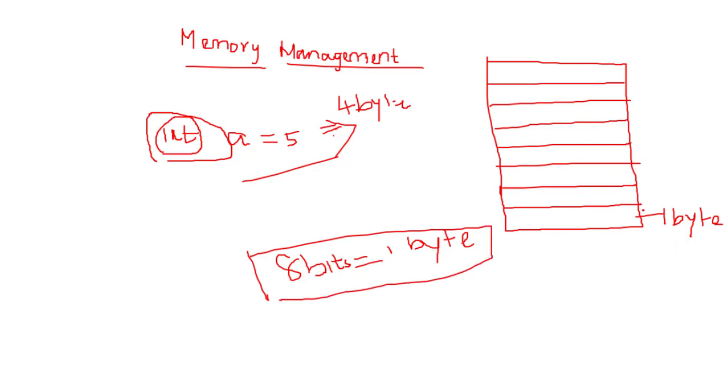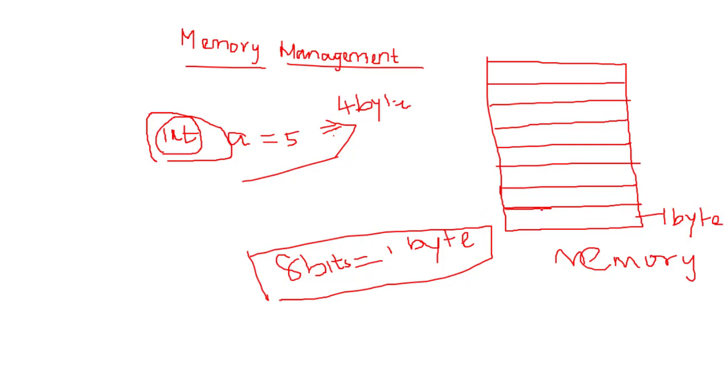Let's say this is a memory, and it is divided into sections. Each section is 1 byte of memory, and each block is going to have a memory address.